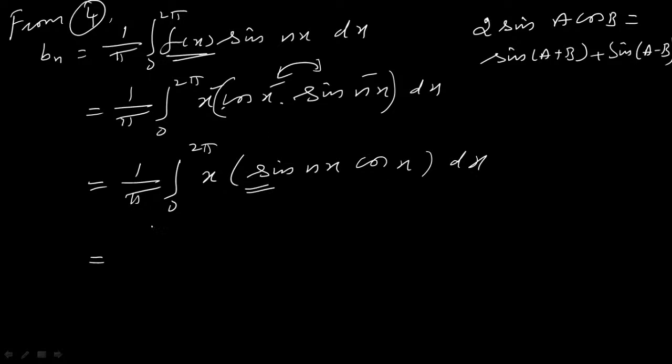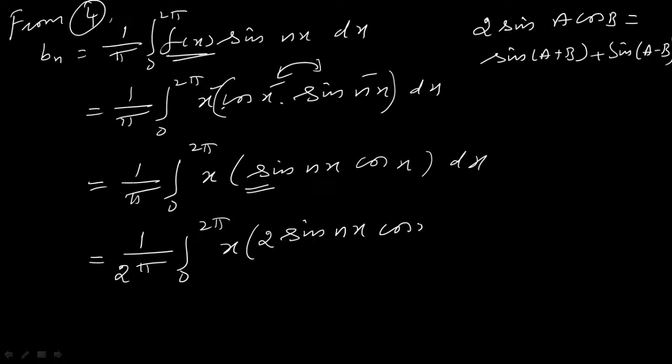So what you are going to do next is 1 by pi integral 0 to 2 pi. So you just multiply this term by 2 and divide the same by 2. So it doesn't change the value of the integral. 2 sin nx cos x dx. Am I right? This is of the form 2 sin a cos b. Instead of a, here you have nx, and instead of b, here you have x.